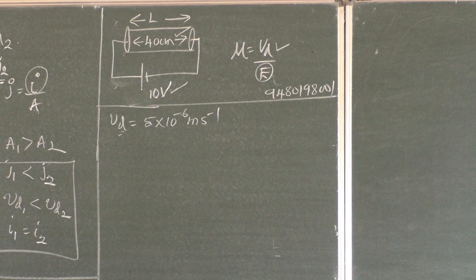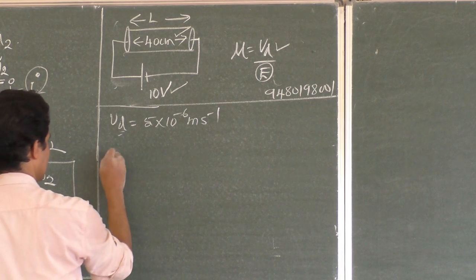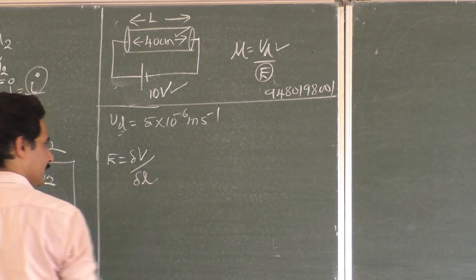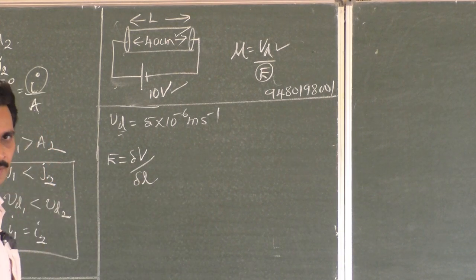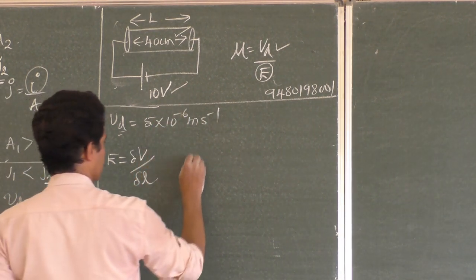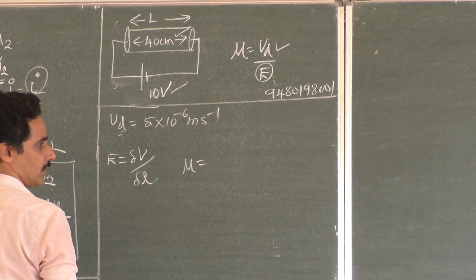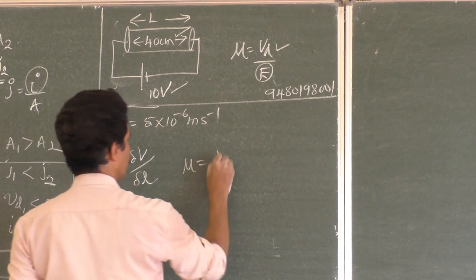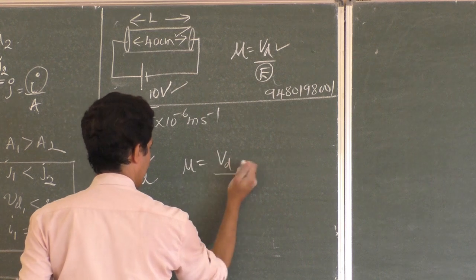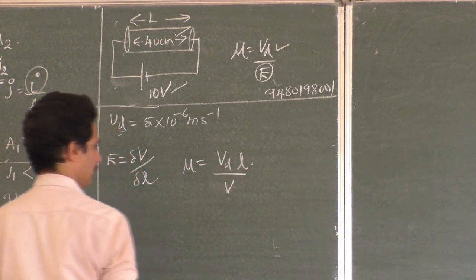Yes, possible, because electric field E is nothing but potential gradient, delta V by delta L. We derived this in the potential chapter. So, if you want to know the mobility, it is drift velocity divided by electric field, which we can write as V by L, since it is uniform everywhere.